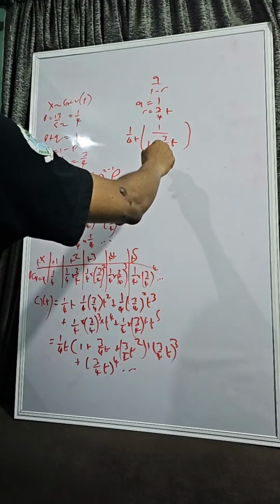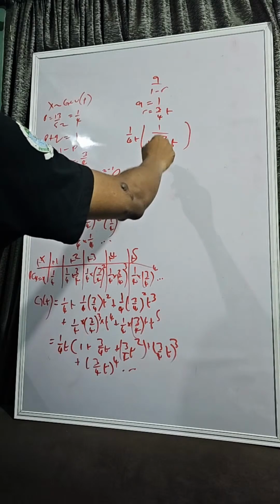1 in 4 is 4. 4 times 1 is 4, minus 4 and 4 is 1. 1 times 3 is 3.